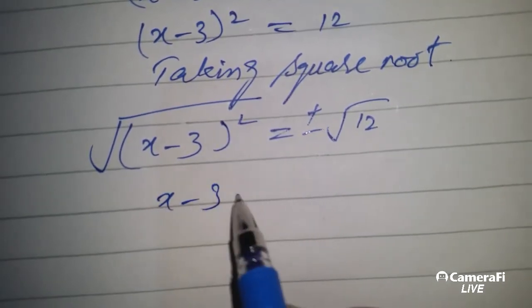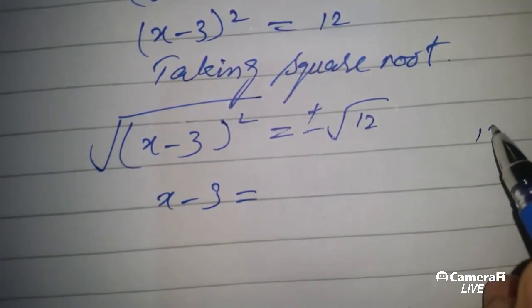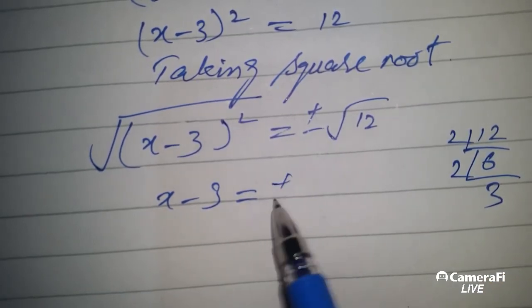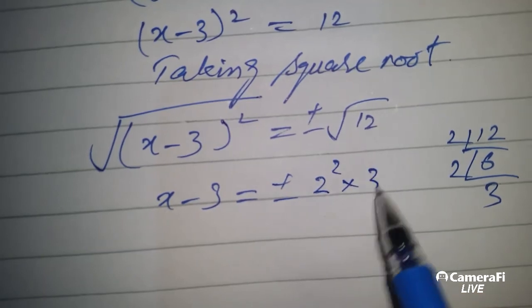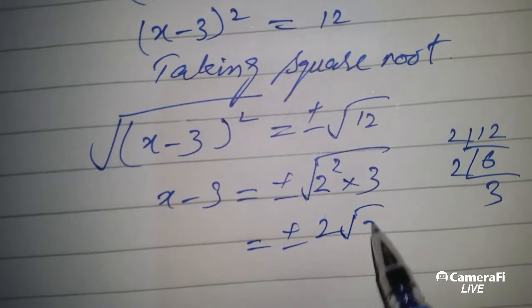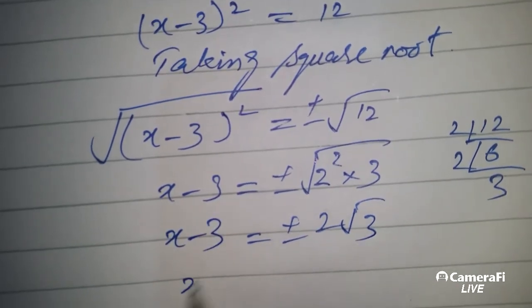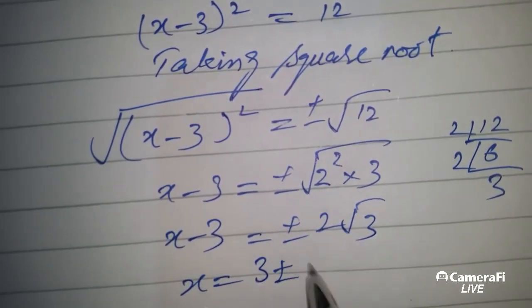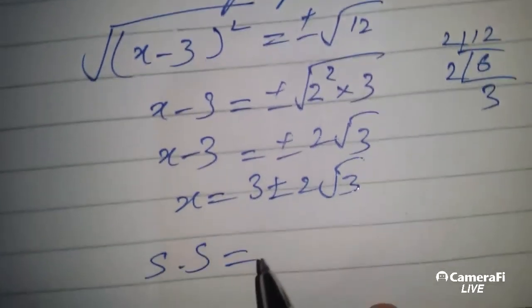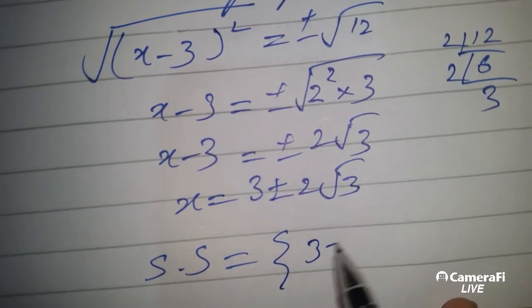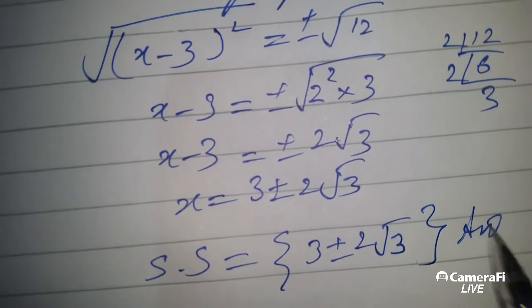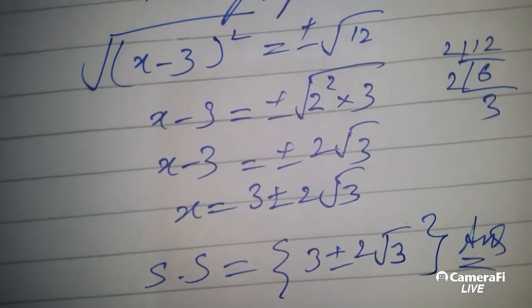So again 12 can be written as a product with a perfect square. So the solution set is this. That's it.